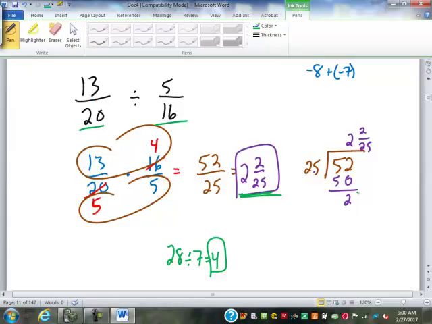Division is repeated subtraction. 5/16 is smaller than 13/20, so I can subtract it. In fact, I can subtract it twice with a little bit left over. So it's not the operation that determines whether we get something bigger or smaller, it's what we're dividing by. So the fact that we're dividing by something smaller than what we're starting with means we are going to get a number bigger than 1.